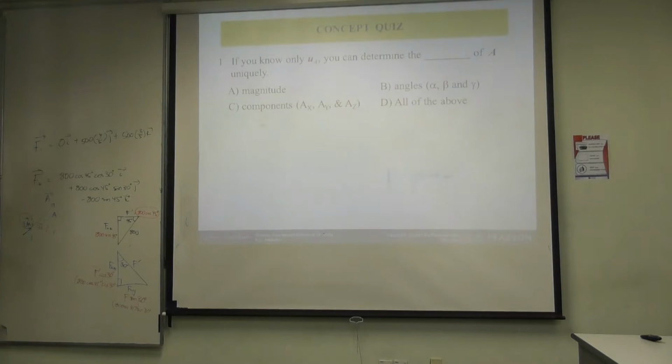So what of A do you know? Do you know magnitude A? No, right, there's no information there. You cannot get it from here. Do you know alpha, beta, gamma? No. Do you know A_x, A_y, A_z? How do you know A_x, A_y, A_z?